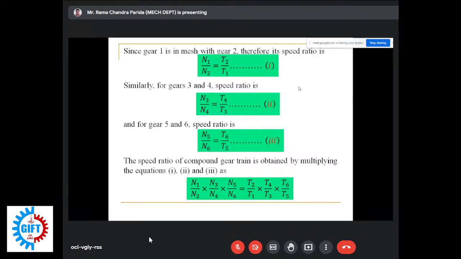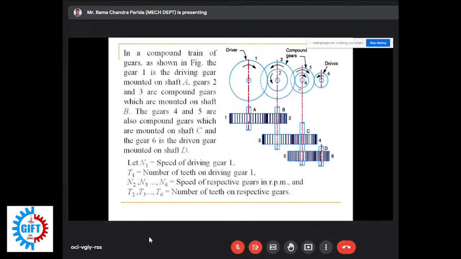Find the speed of the output shaft, gear 6, as shown in figure.